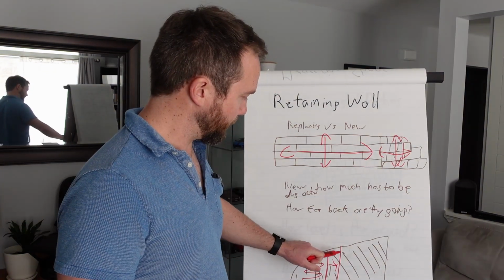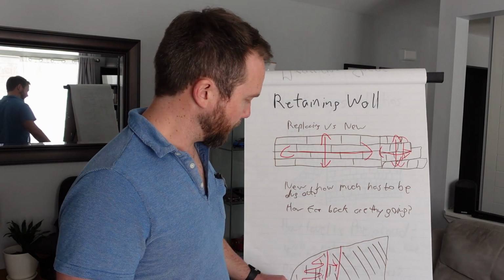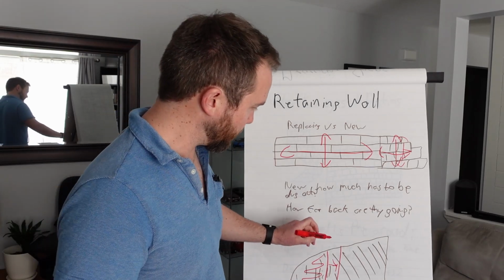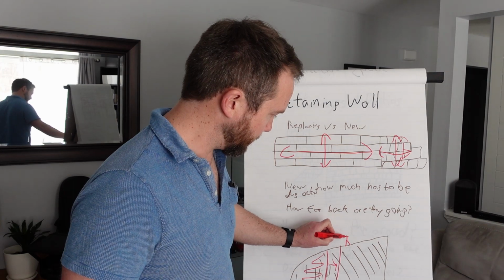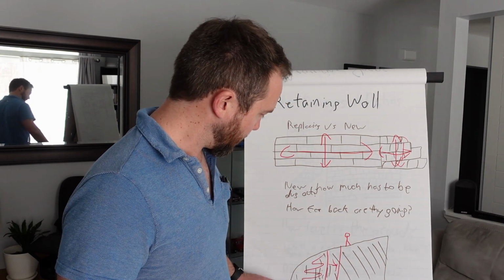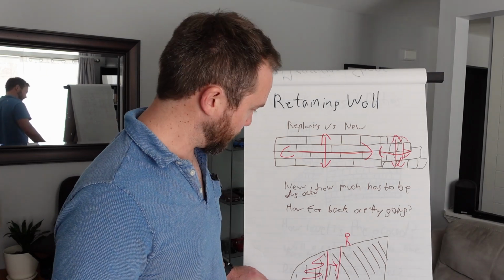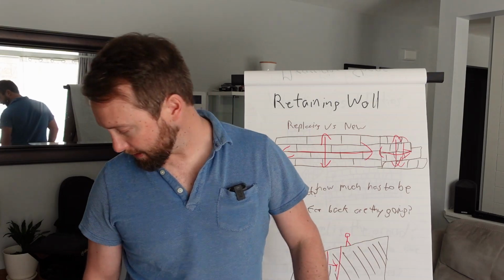Now that we know where they want it, we're going to be able to get the height of the hill using a laser level. So what you do is you set this laser level at the top of the hill, and you stand down here at the level point where the retaining wall wants to go. And there's another part of this tool. I'll show you actually.